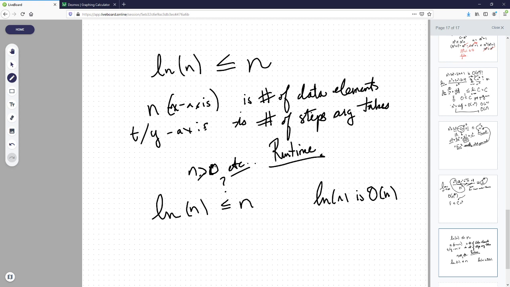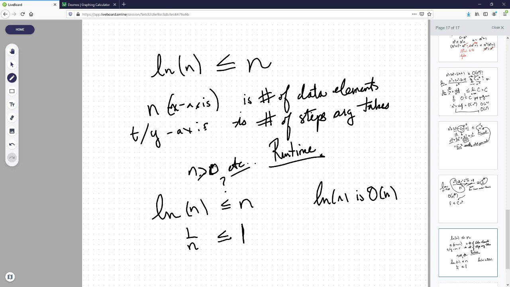So why is it true that natural log is less? One way to think about it is the derivatives. I think someone said, who was it? Nathan, maybe? Someone said, if you take the derivatives of both sides, the derivative on this side is 1 over n, and the derivative on this side is 1.